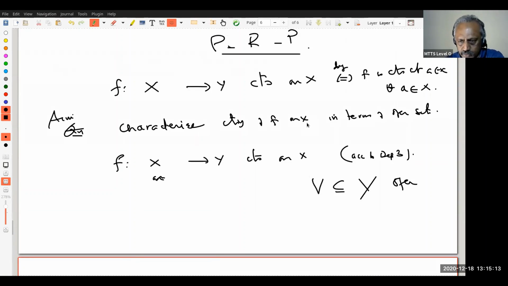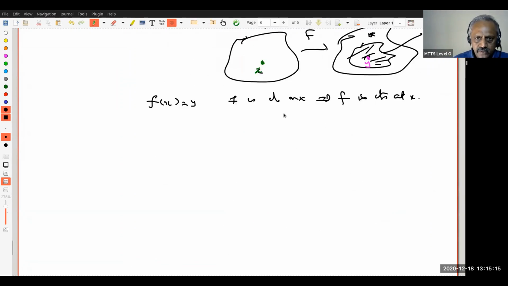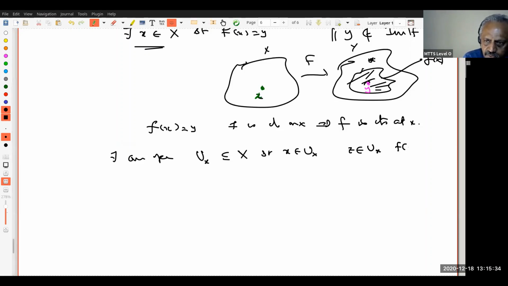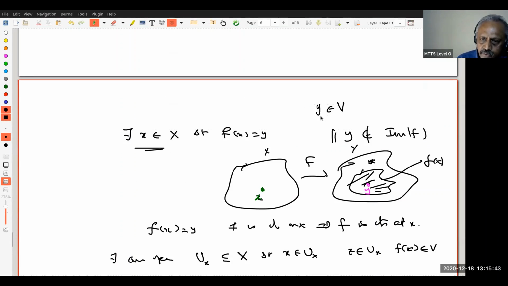and we chose to work with definition 3, there exists an open set, call it Ux, in X, so that x belongs to Ux, and for every z in Ux, f(z) belongs to V. Why is that possible? Try to understand. My y is where? In V, and V is open.